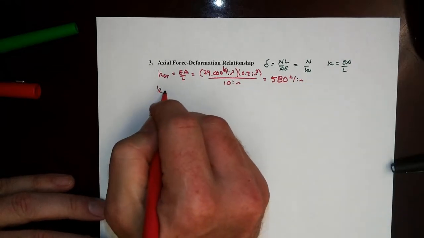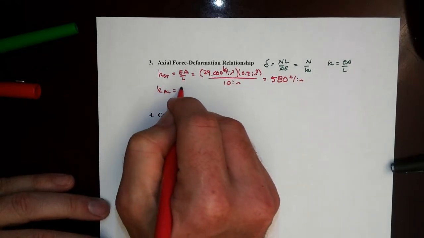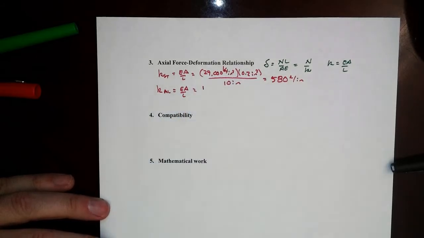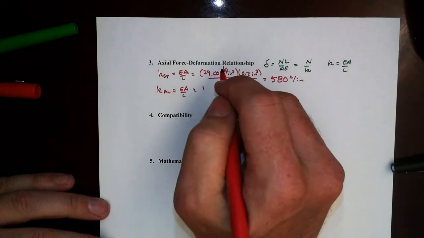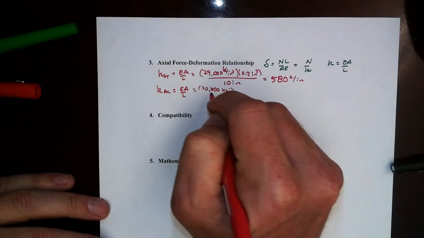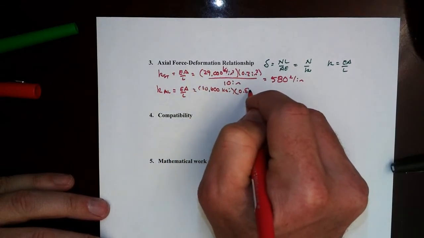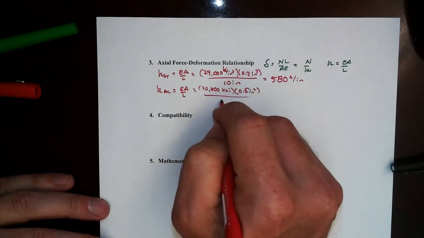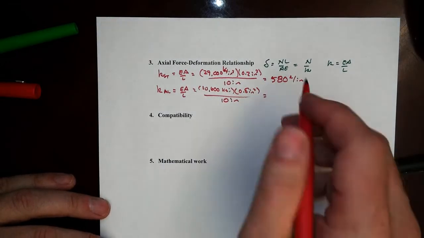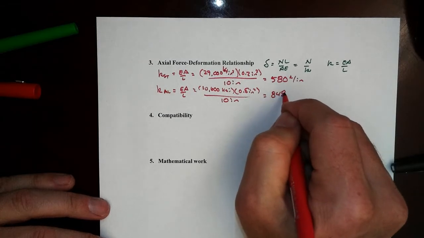Now K of the aluminum is also EA over L for the aluminum, and that one, E is 10,600 KSI for this particular one. It is 0.8 square inches of area divided by its same length of 10 inches, and that's going to be 848 kips per inch.